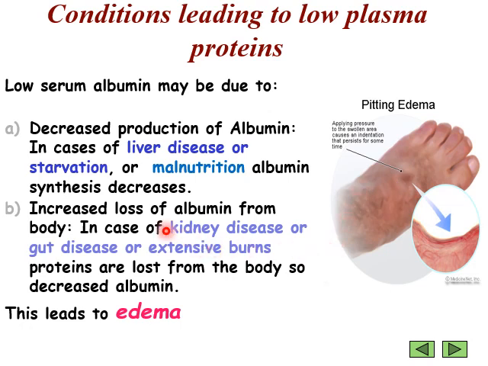Now, second cause, I told you that this albumin is being lost from the body. The albumin has been synthesized, but it does not remain in the body, it is being lost from the body. How is it being lost? Kidney disease.